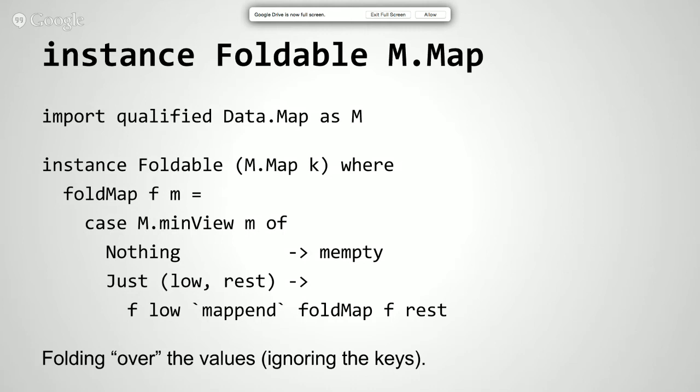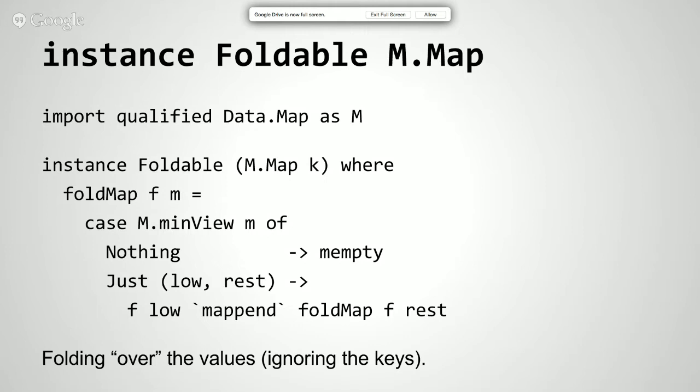So what we're doing is we're folding over the values and we're just ignoring the keys in this particular case. So we use a function called minView, which takes a map and it either returns a Just of the minimum element and the rest of the map, or it returns a Nothing if you throw the empty map at it. So it's a total function.